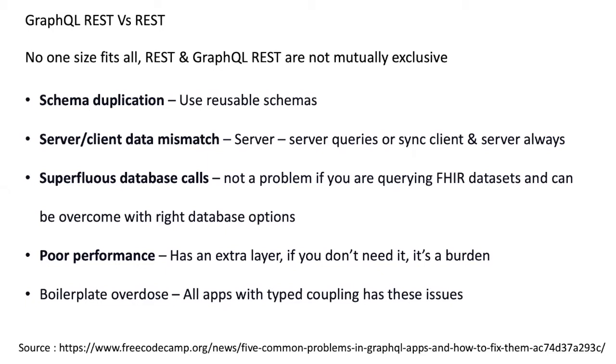But it needs to be a decision that is thought through, because there is an additional step involved. I think it's worth paying the price, because otherwise our clients also need to be smart enough to understand GraphQL, and it's a bit of a problem.